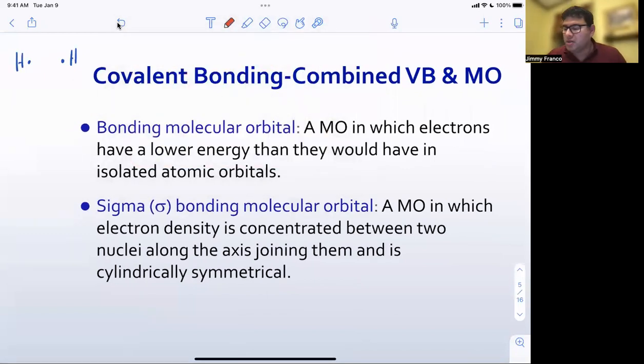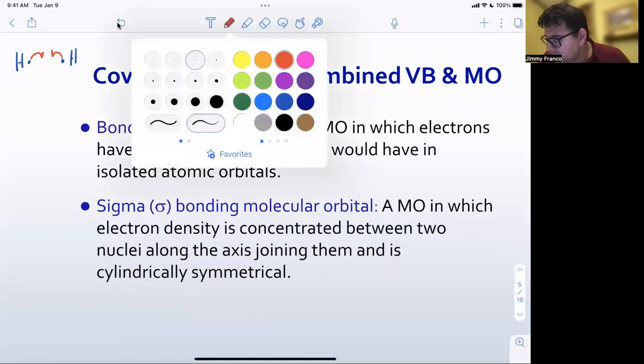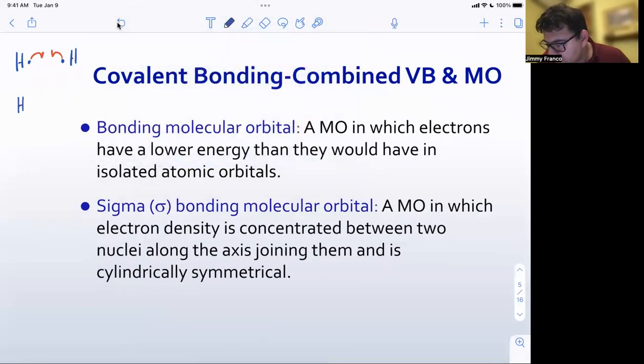Each one has one electron, so it brings the one electron to the middle. Remember the fish hook, this barbed arrow, tells me that there's one electron, and they're going to come together, and we make a single bond between the two. All right, and so we stick them together.